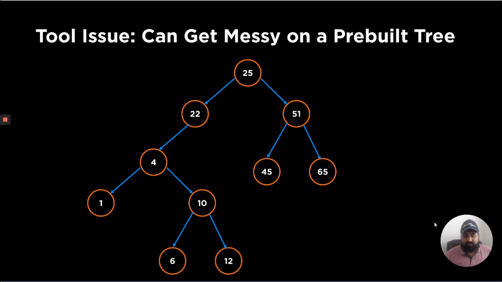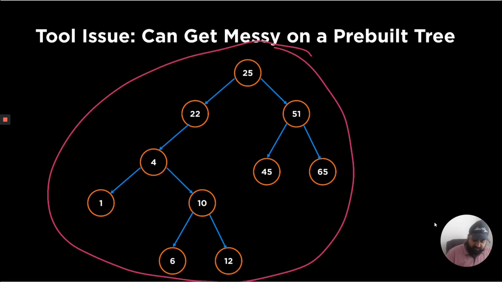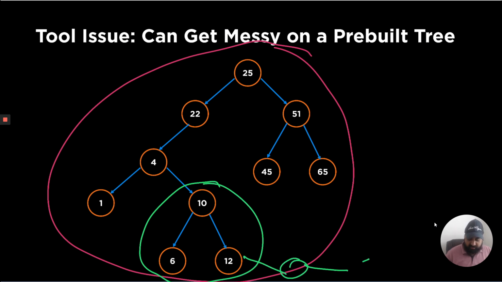Now, the issue with this tool, the rotation, is that it can get very messy on a pre-built tree. Let's say I give you this entire tree, which is a BST, and I ask you to convert this into AVL. This can get really messy because you are performing some rotation at a position X, which might have some subtrees and is unbalanced.